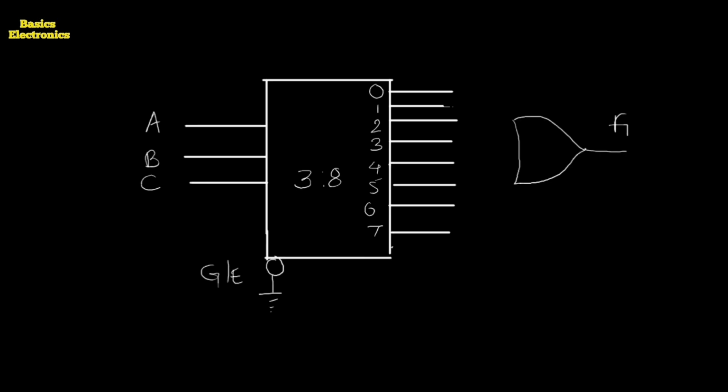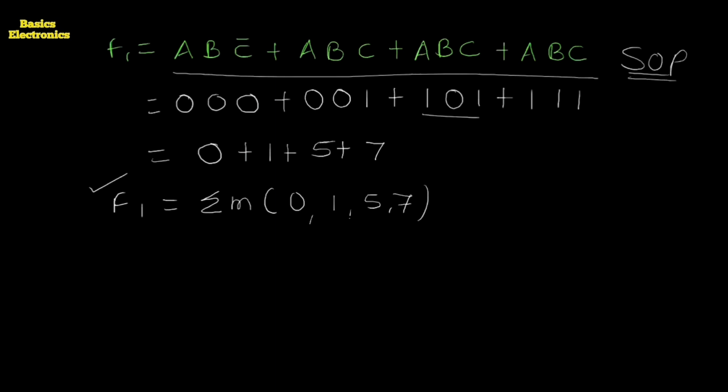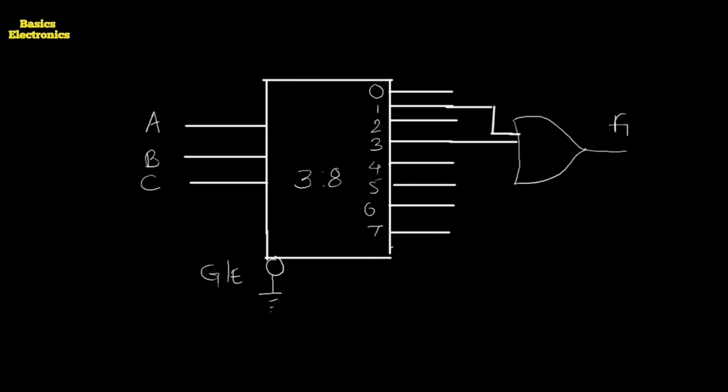So I am going to connect here the first line, that is having the minterm equals 0, then 1, here it is the first line, then the fifth line, and the last one is the seventh line. Okay, so this is the implementation of the logical equation.